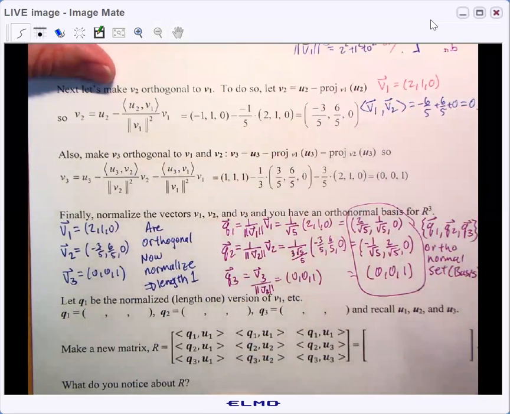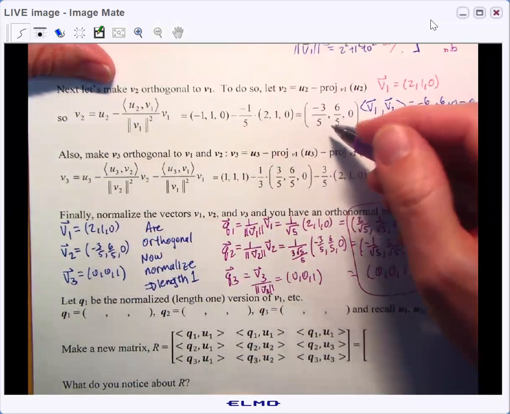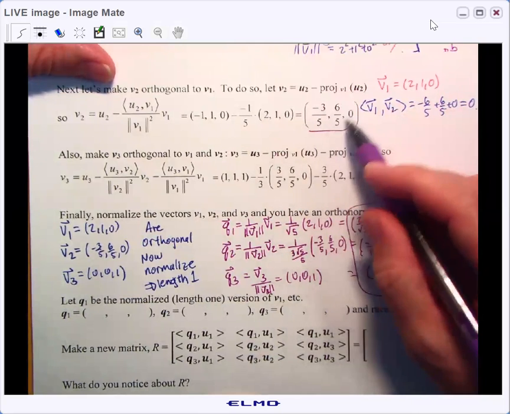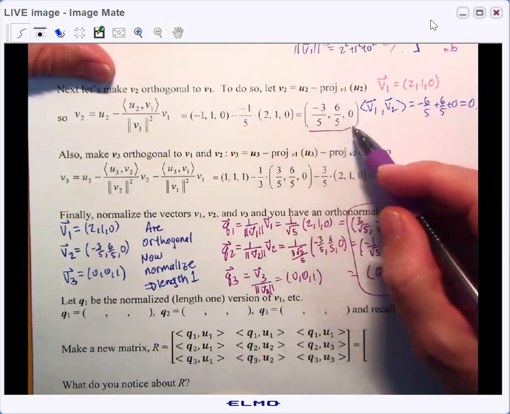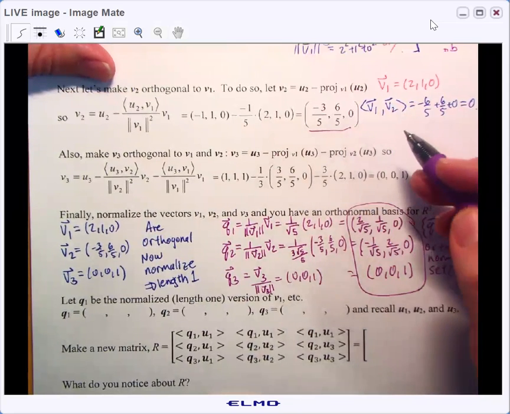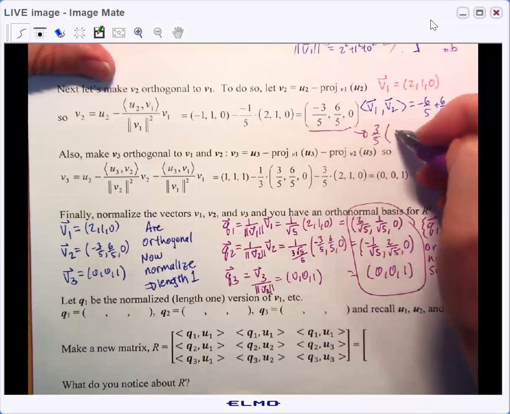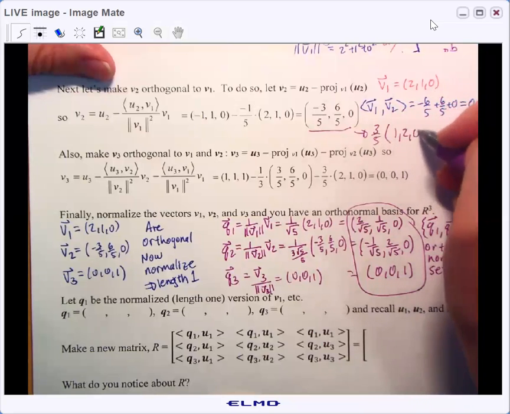Now, another thing that we could do here is when we saw this step at V2, negative 3/5, 6/5, and 0, since we're going to normalize to length 1 later on anyway, I could, if I wanted to, factor out the 3/5 or negative 3/5, depending on how we want to do that, and get the vector 1, 2, 0.